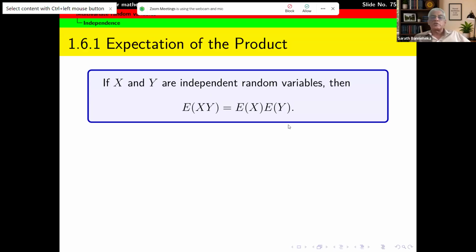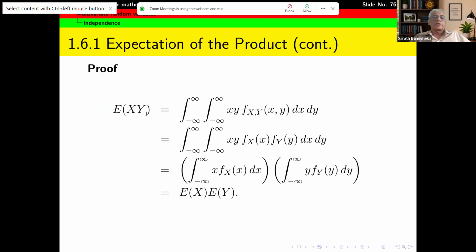So let's try to prove this using the previous definition. The expected value of x times y is like a function g of x, y. So we are finding the expected value of g of x, y. By definition, it's going to be g of x, y times the joint density, integrated with respect to x and y.